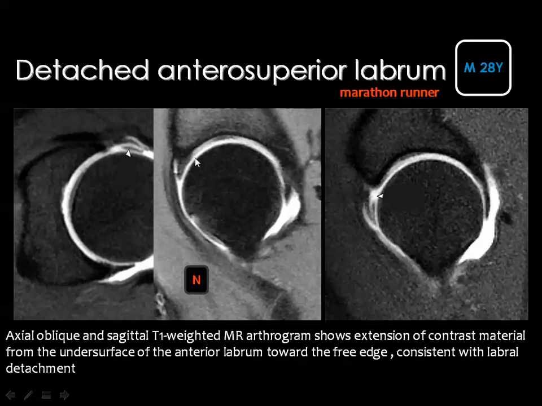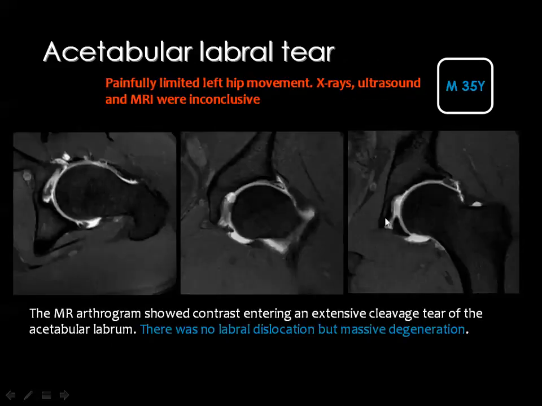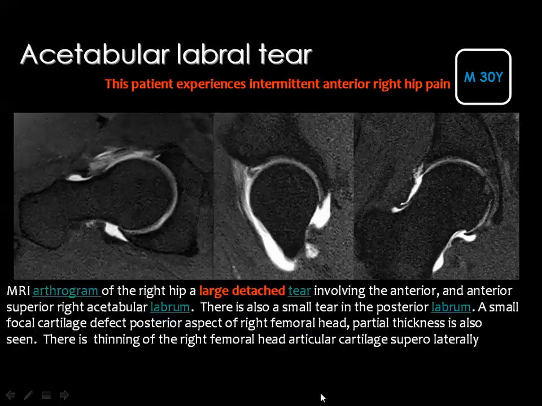And this is the normal appearance of the labrum in the sagittal view. Then here you also have severe degeneration of the acetabular labrum, as indicated by its relatively small size and abnormal signal. The labrum is not separated from the acetabulum, but it is severely degenerated.